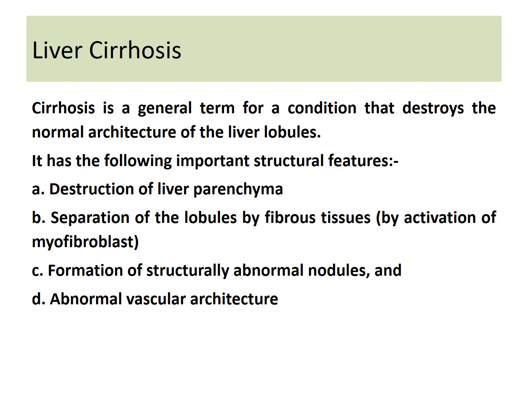It has the following important structural features. Please know that the cirrhotic liver has a destruction of liver parenchyma and separation of lobules by fibrous tissue, with formation of abnormal nodules and abnormal vascular architecture.